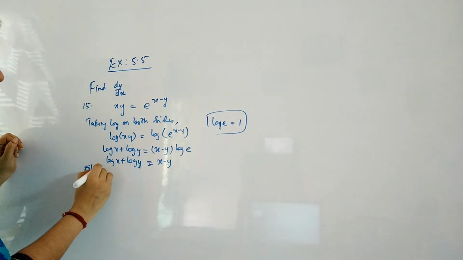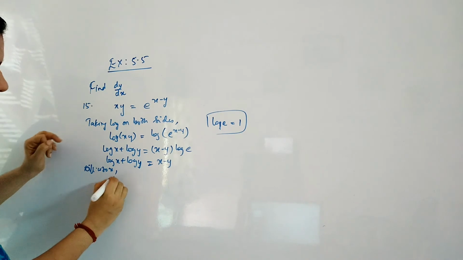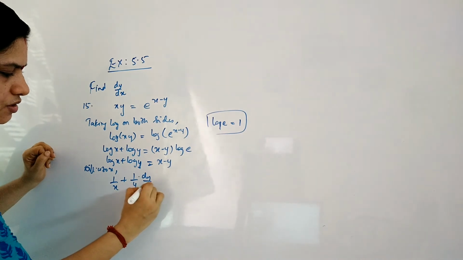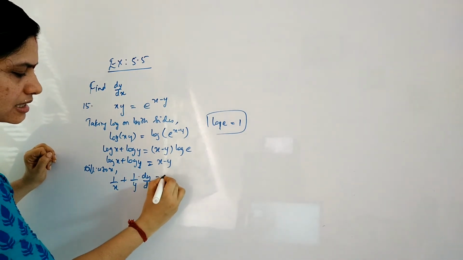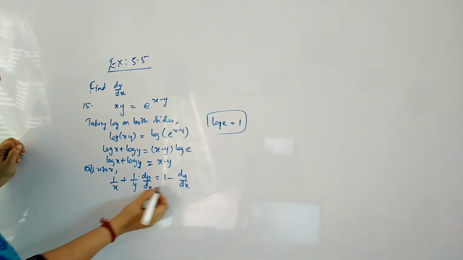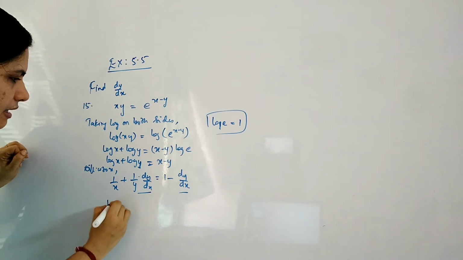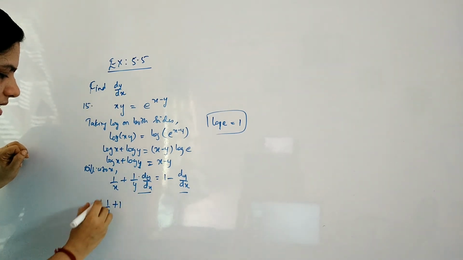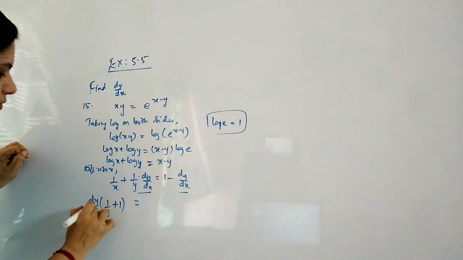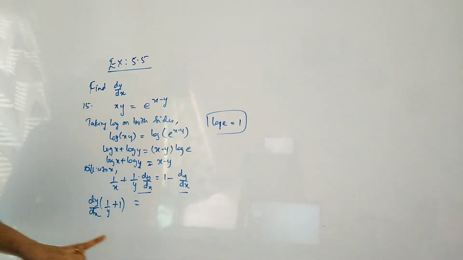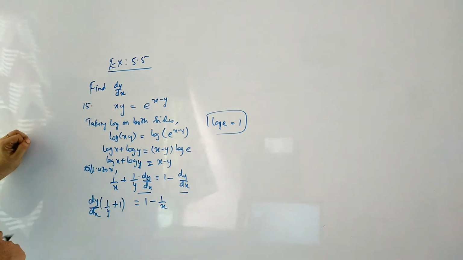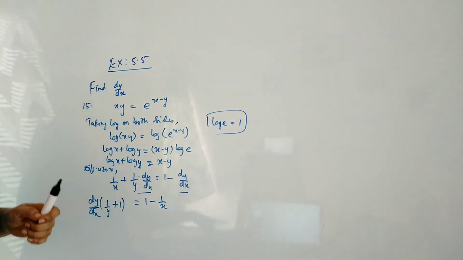Now we are differentiating with respect to x. This will become 1 by x. This will have 1 by y into dy by dx is equal to, derivative of x is 1, minus the derivative of y, which is dy by dx. Now again collect the terms: we get 1 by y plus 1, into dy by dx is equal to 1 minus 1 by x.